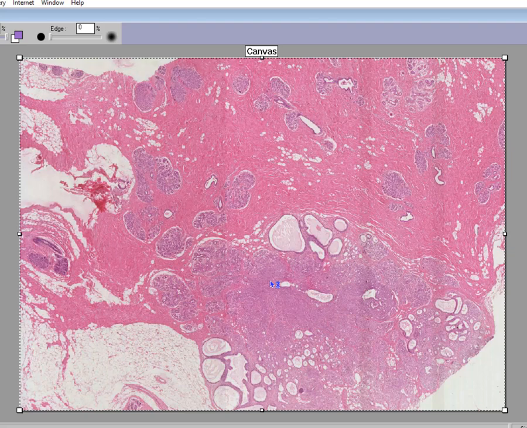Like here, you already know this breast has a lot of fibrous tissue, but 1, 2, 3, 4, 5, 6, 7, 8, 9, 10, 20 or 30 lobules. Looks pretty nice. But then there's an area here towards the bottom of the slide in which you're wondering if there's an increased number of epithelial cells. So let's investigate.